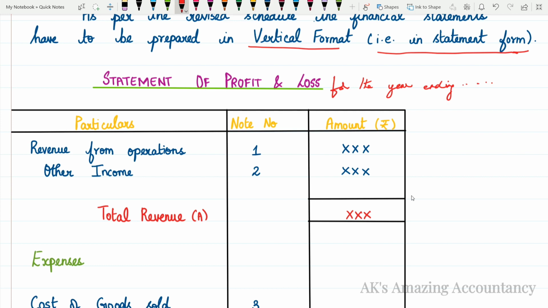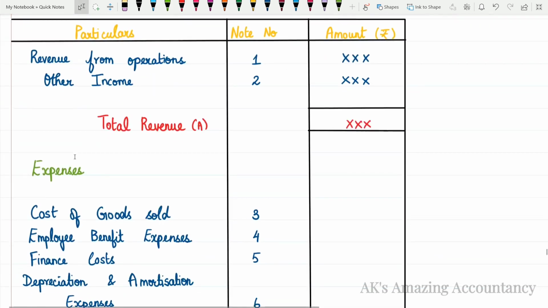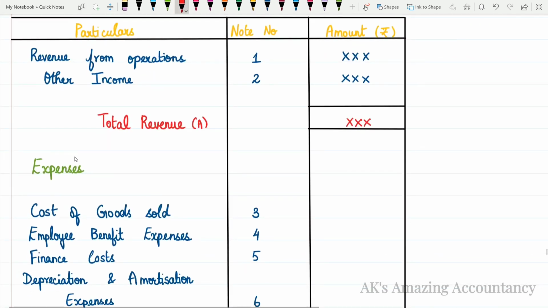Now this statement will have three columns. One main column is for particulars, the next column is for note number, and the next column is for amount.